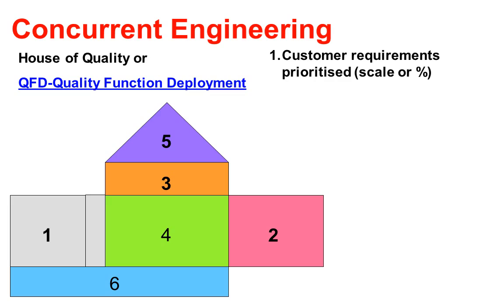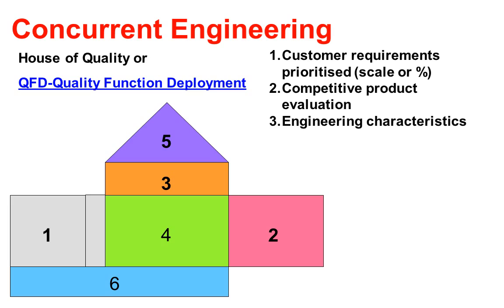Looking at the house of quality in quality function deployment, all these walls and the roof show some metrics or the other. Number one is customer requirements, prioritized on a scale or as percentage. Number two is competitive product evaluation.